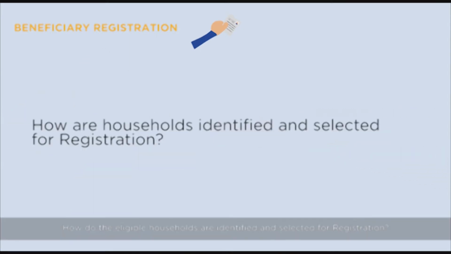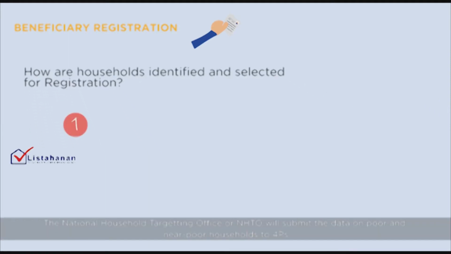How are the eligible households identified and selected for registration? The National Household Targeting Office, or NHTO, will submit the data on poor and near poor households to 4Ps through the Planning, Monitoring, and Evaluation Division.